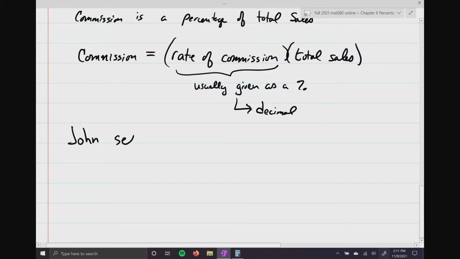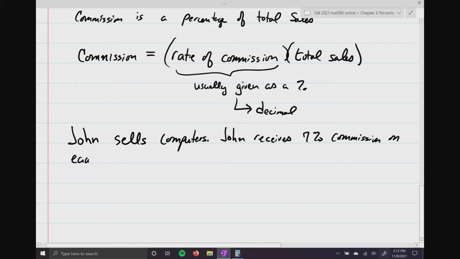John sells computers. That's me. I sell computers. So John receives seven percent commission on each computer he sells.